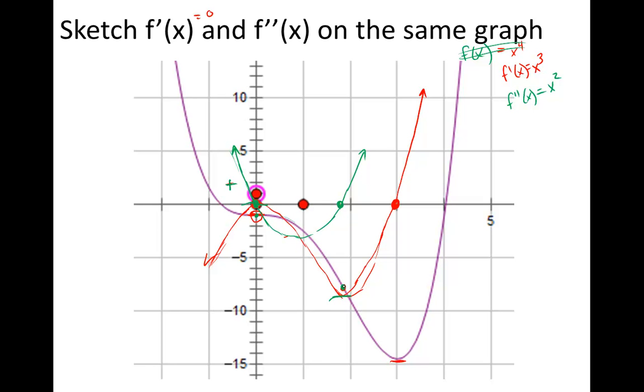At this point, point of inflection, that's why it's at 0, and then it becomes concave up. And because it's concave up, that then leads to a positive second derivative, which is what I have there. And so even though I can create this green graph, the second derivative, from the first derivative, I also want to make sure that it matches the information from the original graph here.